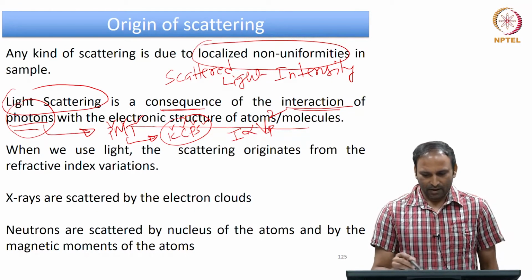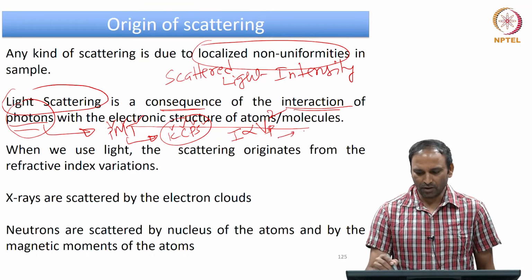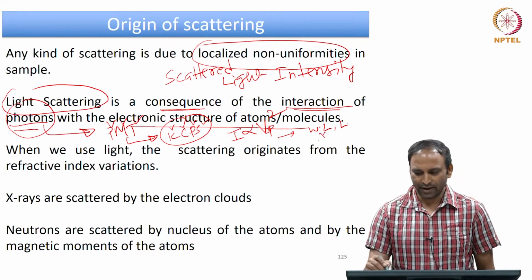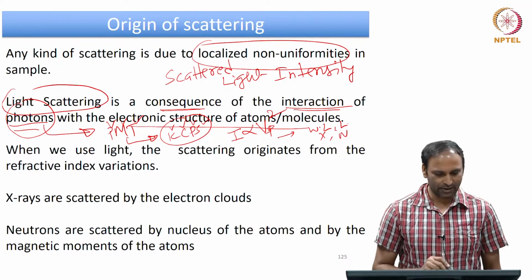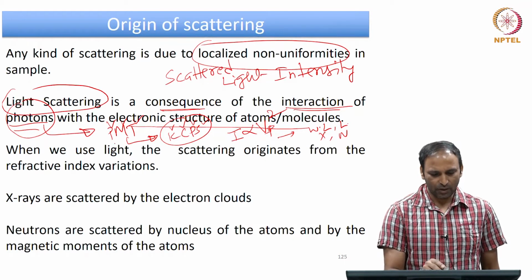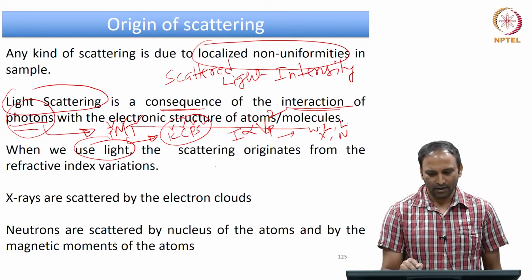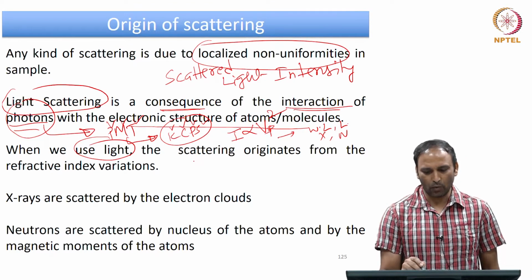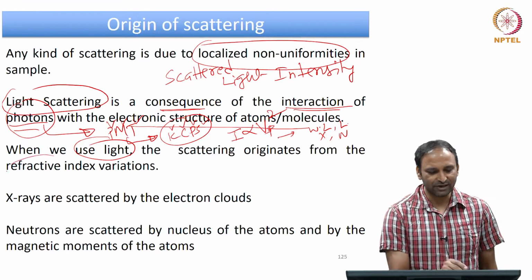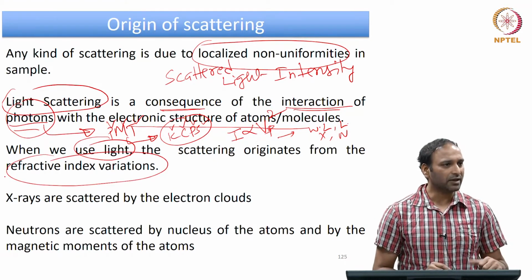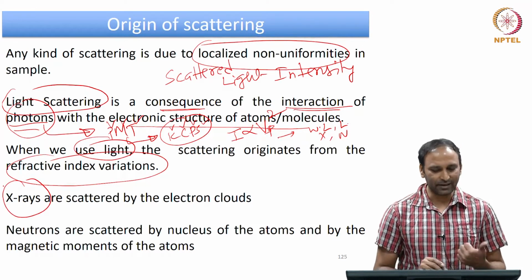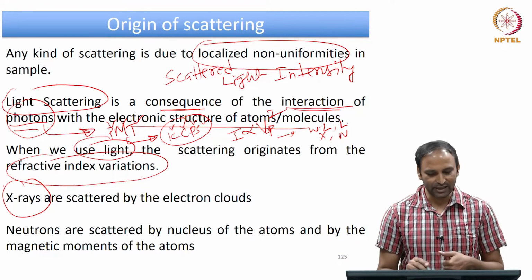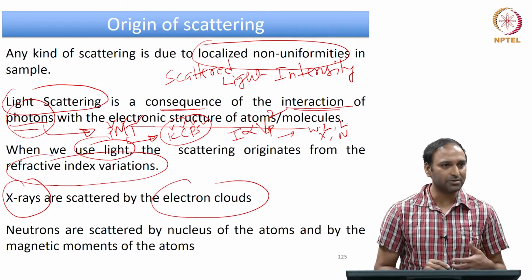Then as I mentioned, people can use white light, laser source, or X-rays or neutrons for scattering. And when one uses white light, what is exploited is the difference in the refractive index between the particle and the medium. If X-rays are used, the scattering comes because of the interaction of X-rays with the electron clouds that the atoms and the molecules have.